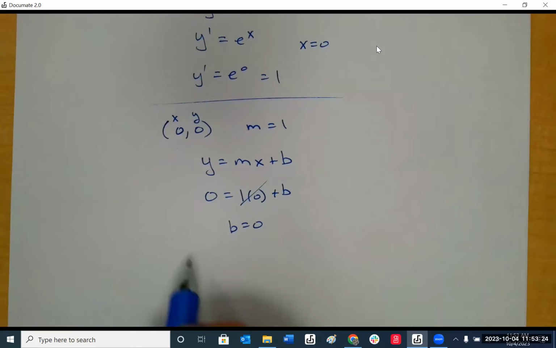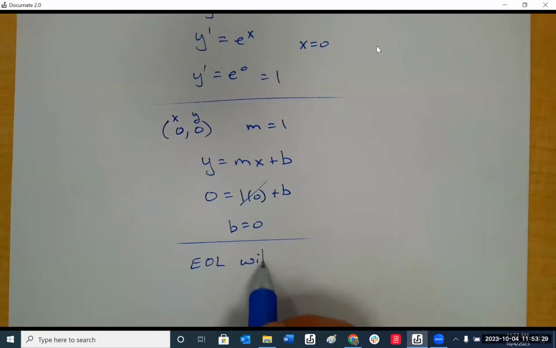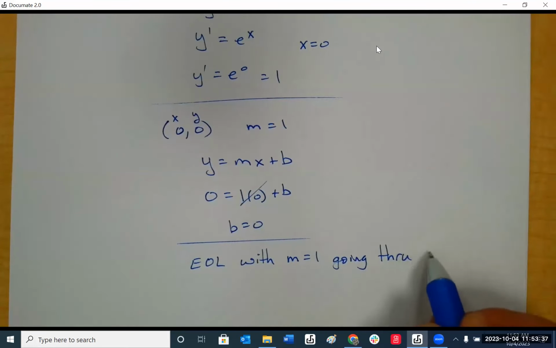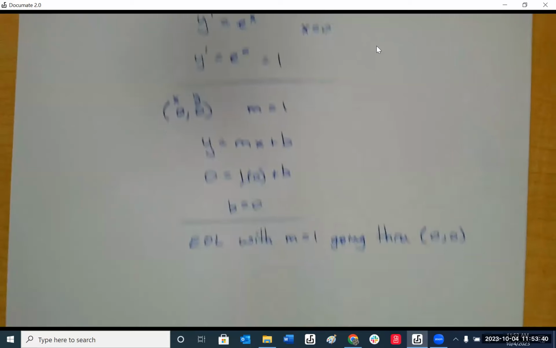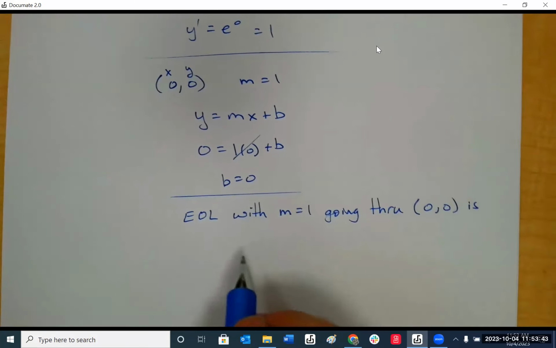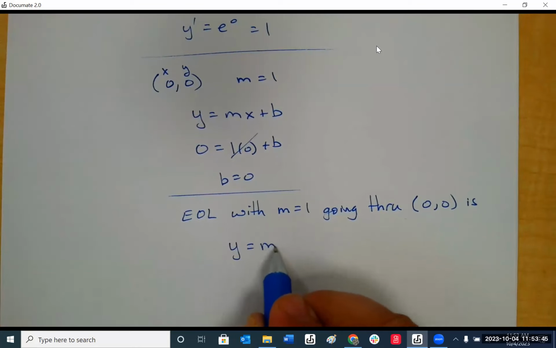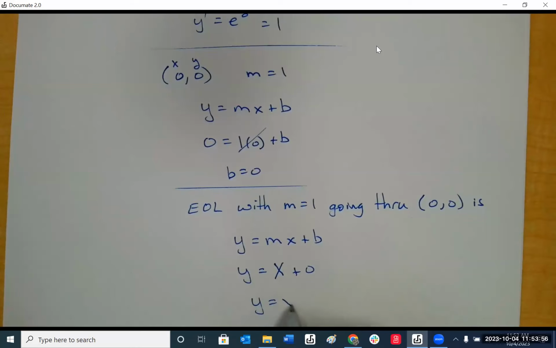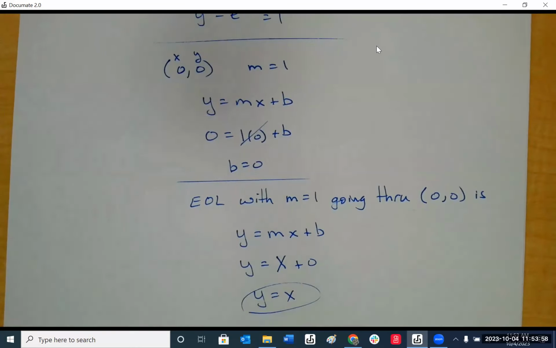So the equation of the line with slope 1 going through 0, 0 is y equals mx plus b, which is 1x plus 0. So y equals x. That's your equation of the line going through that function at the origin.